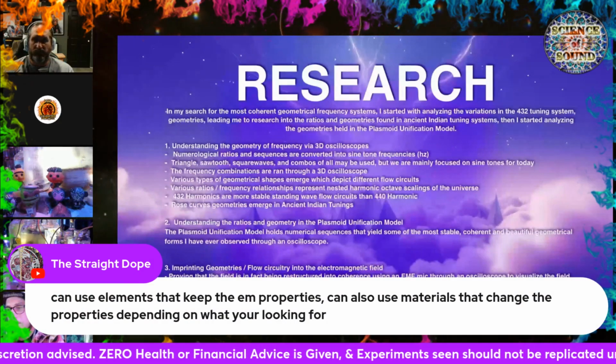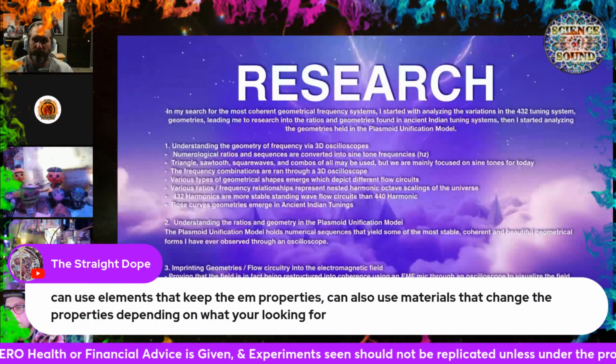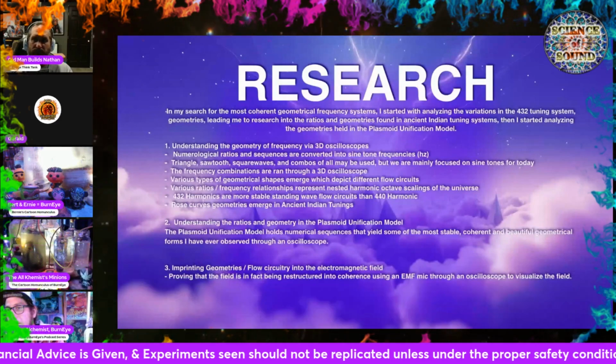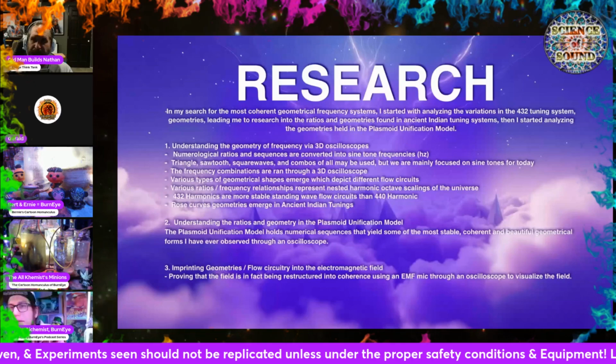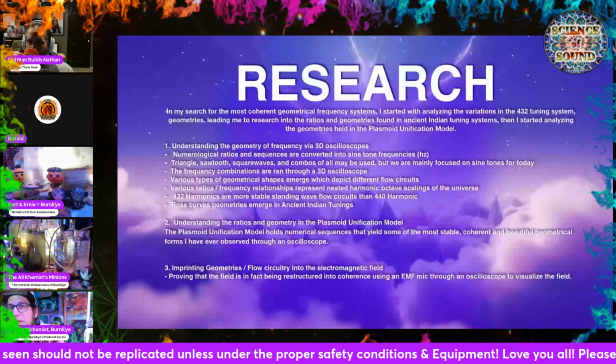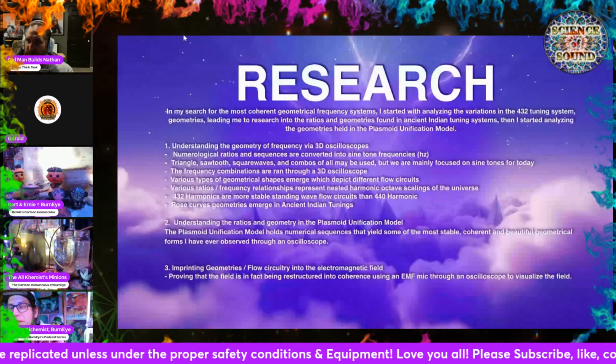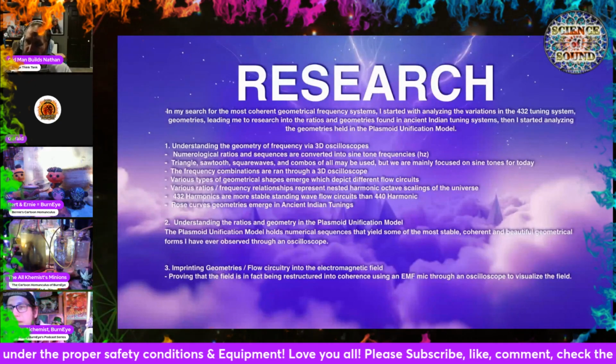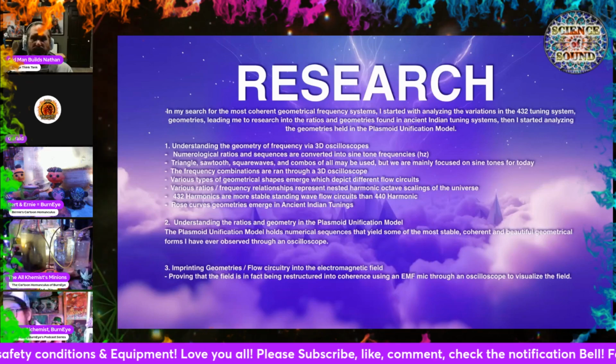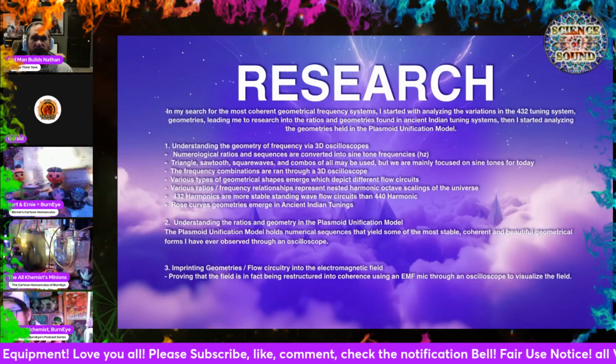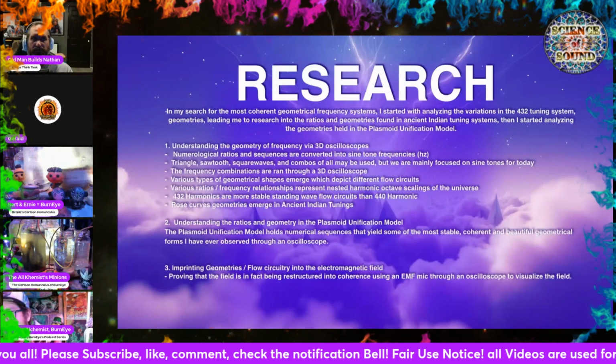And then frequency combinations and 432 harmonics versus 440. I get into that a little bit. Special types of geometries, like the rose curves, which are different numbers of petals in a flower in the mathematical shape.